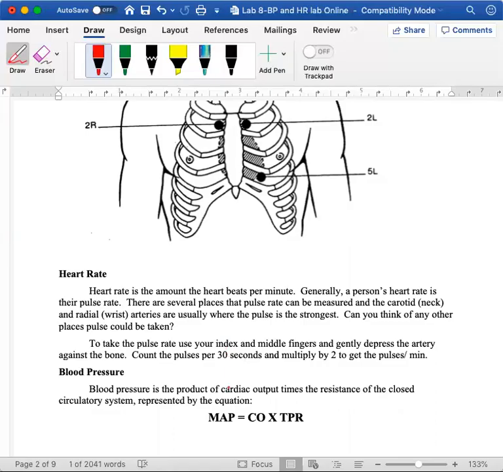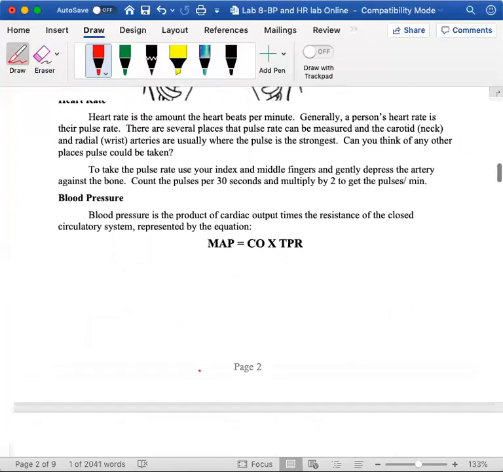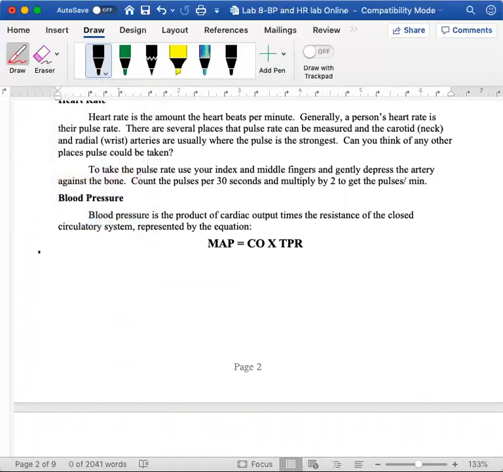I want to talk a second about blood pressure. So normally we would take blood pressure. What is typical blood pressure measurement? I'm going to try to write it on the side. So typical blood pressure measurement is like 110 over 70 or 120 over 80. What's the unit of measurement? It's millimeters of mercury.